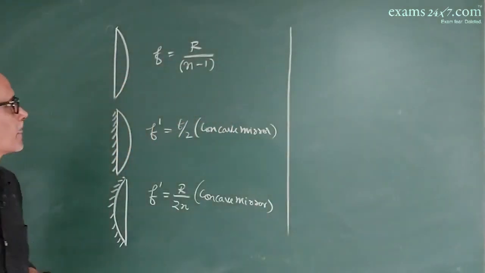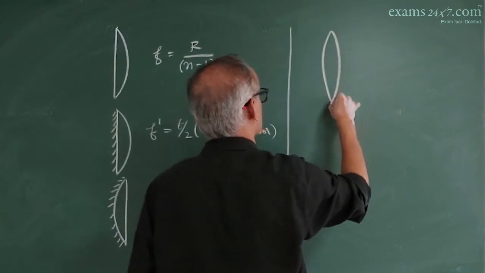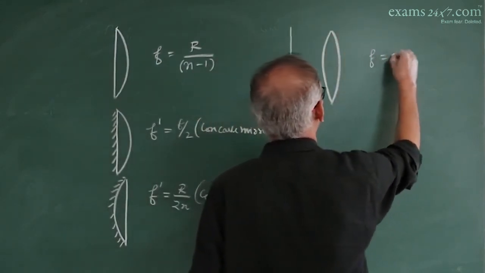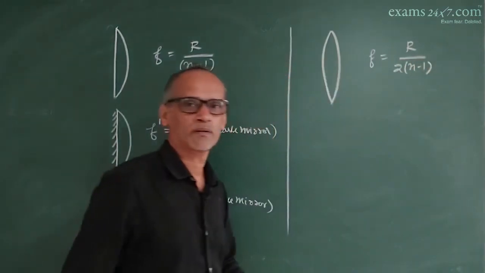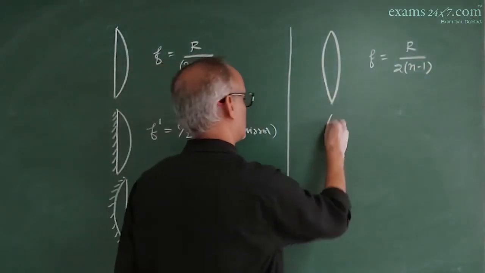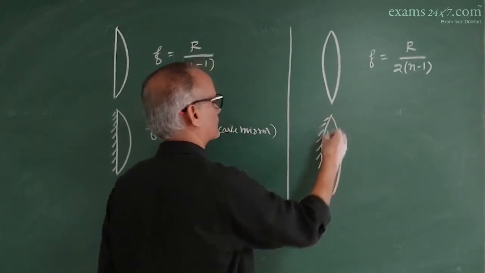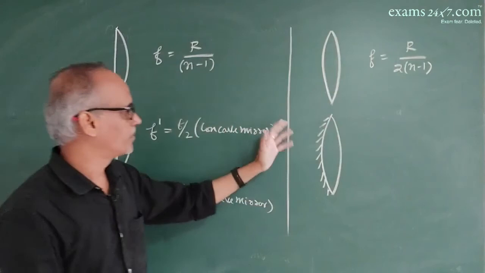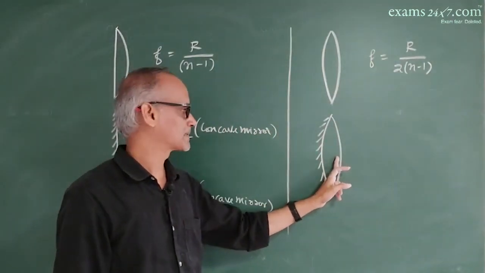Plano-concave lens. So I'm going to consider now an equiconvex lens having focal length f is equal to r by 2 into n minus 1. And one of the surfaces is silvered, and now it acts like a combination of a concave mirror and a convex lens.